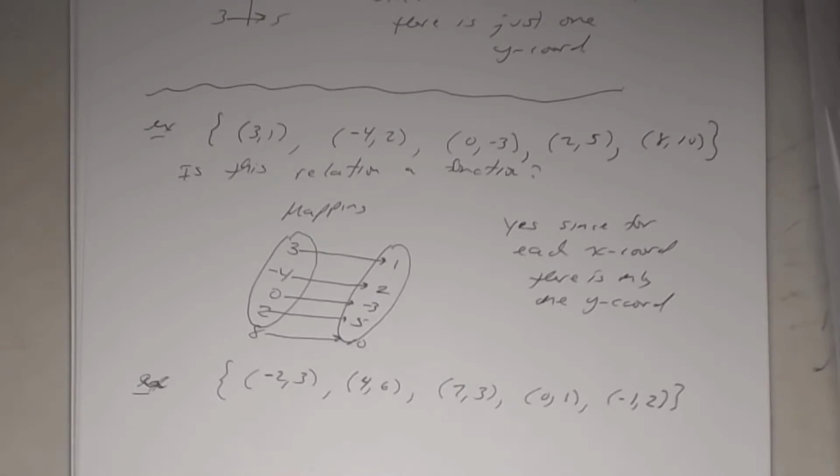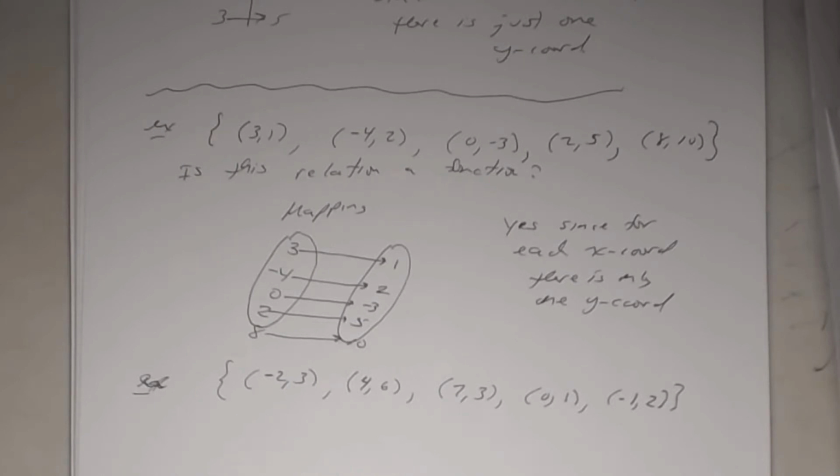All right, so is this a function? Someone says no. Someone says yes. All right. Your definition: for each x coordinate, there's got to be one y coordinate. So let's look at this in terms of a mapping.